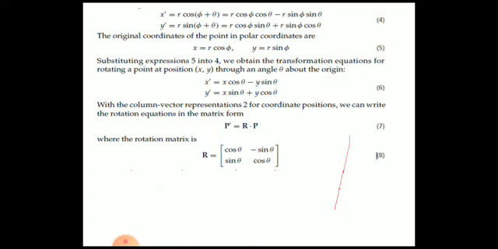Now if I replace r cos phi and r sin phi with x and y respectively in equation number 4, then our equation turns into x dash is equal to x cos theta minus y sin theta, y dash is equal to x sin theta plus y cos theta. And hence p dash is equal to R into p, where R is nothing but the rotational matrix, which is cos theta, minus sin theta, sin theta, and cos theta.